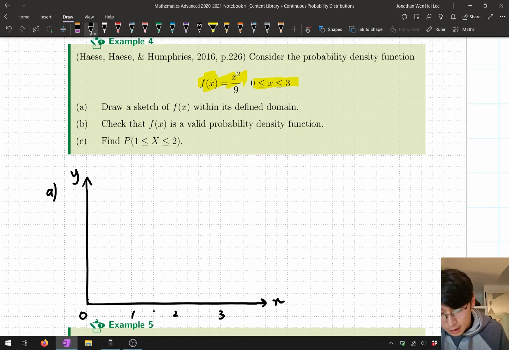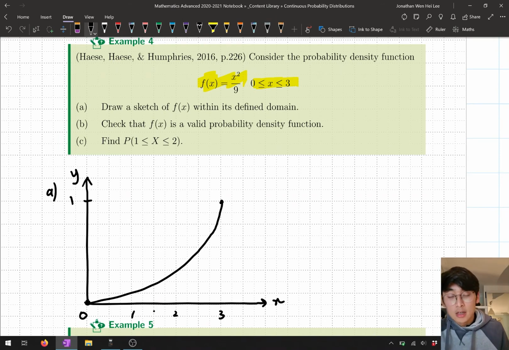I'm just going to sketch this out. This should look like a parabola, and it starts at 0, and at x equals 3, we have a y value of 1. So this is 1. There we go, it should look like this. So that is what our probability density function looks like when we sketch it out. So this is just a parabola, and for this value over here, I just subbed in x equals 3, and we got 1. And so we drew this parabola here.